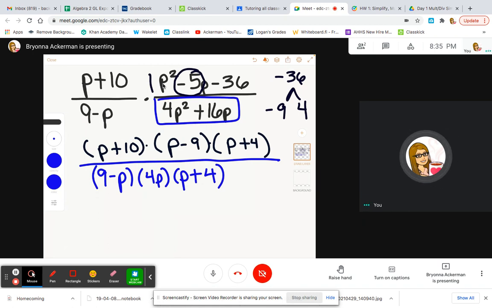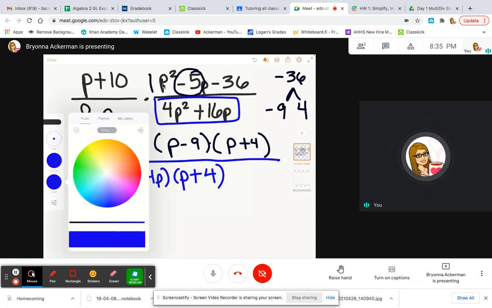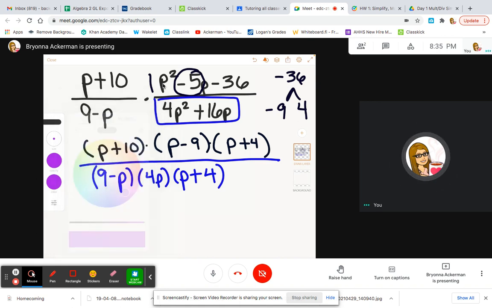When you get to this step, after you've factored everything you can, before you start canceling things out, I want you to set each of the pieces in the denominator equal to 0. What that does is, if even just one of them is 0, it would make that entire denominator 0.